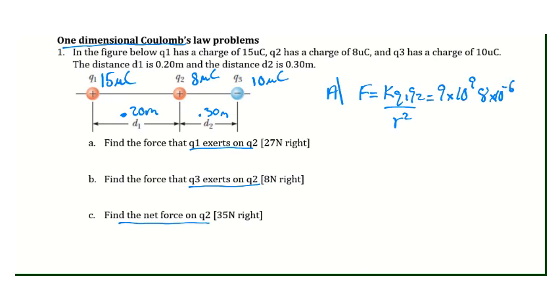I just do it, you'll see in a second why I do it. Charge 1 is 15 microcoulombs, that's 15 times 10 to the negative 6, all over 0.2 squared. So you go ahead and type that into your calculator, and when you do, you get 27 newtons.